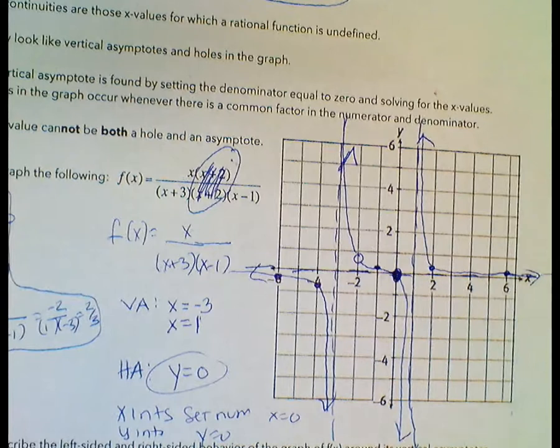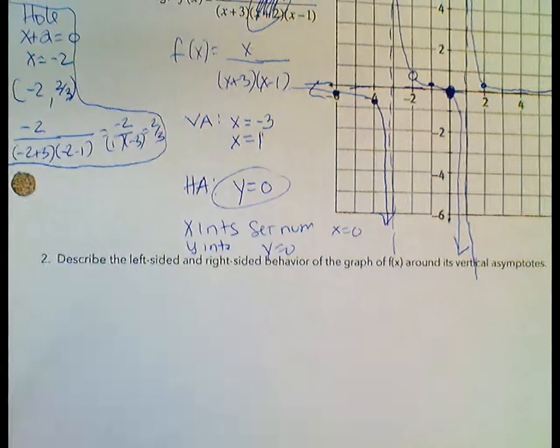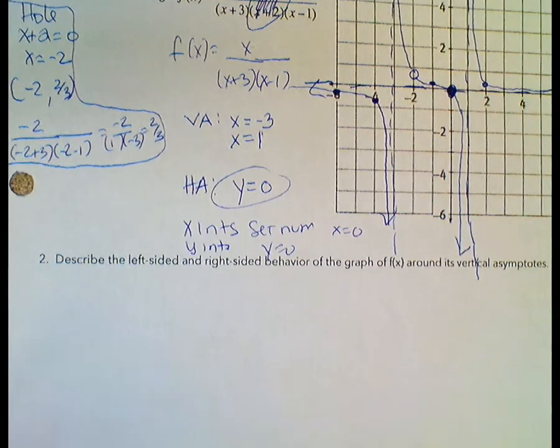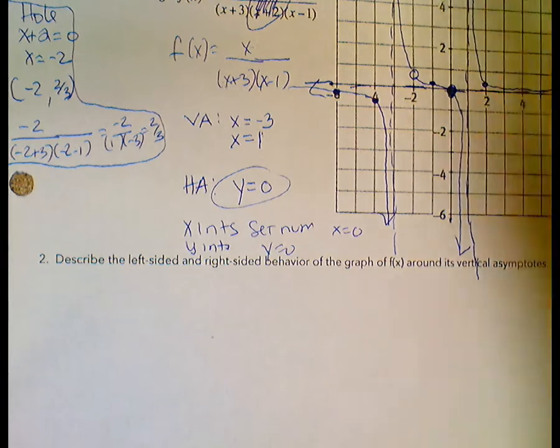Now, number 2 says, describe the left-sided and right-sided behavior of the graph of f of x around its vertical asymptotes. So we're going to only talk about vertical asymptotes when we describe left-sided and right-sided behavior. So starting with this first vertical asymptote, this one right here.